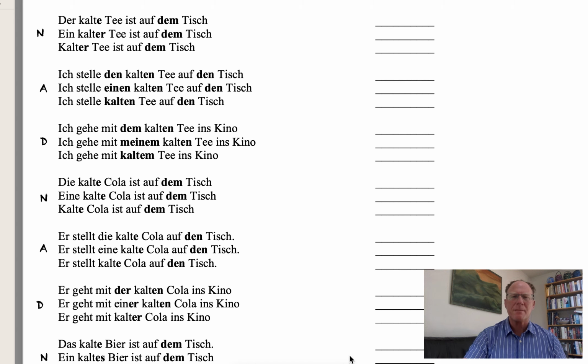Let's take, for example, the first line of my love poem, Der kalte Tee ist auf dem Tisch, the cold tea stands on the table, or the cold tea is on the table. Now, how does the cold tea function in that sentence? The cold tea is the subject of the sentence.